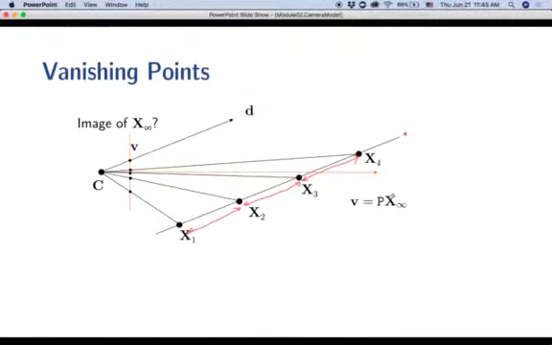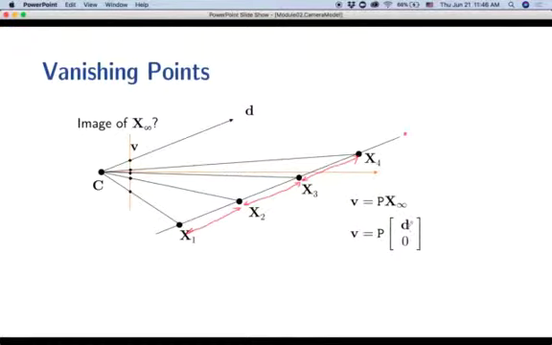So v is really P times x infinity, which is, how do I write x infinity? Well, I could write it on this ray, and this ray has a direction d given by a 3-vector. So if I say (d, 0), that's really x infinity, because I took the direction and appended the fourth element being 0. That means I've just gone to the point at infinity in that direction.